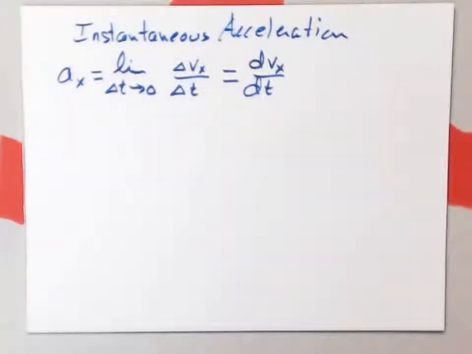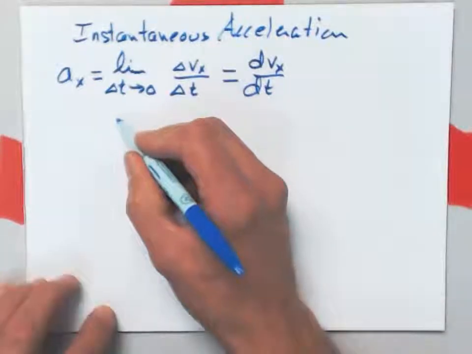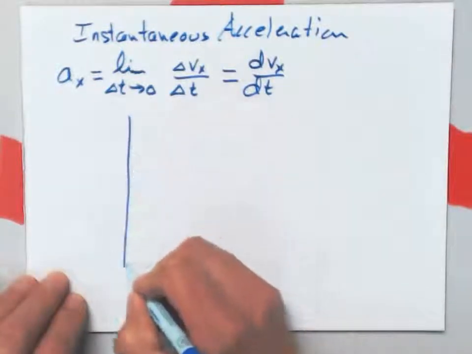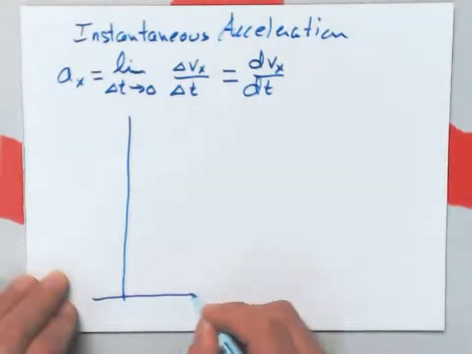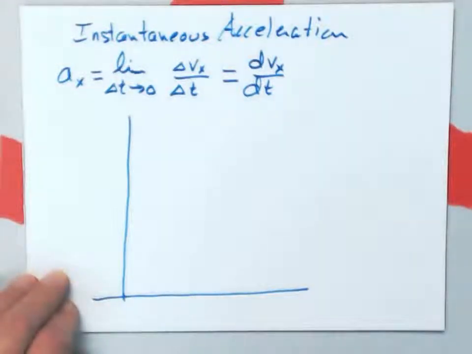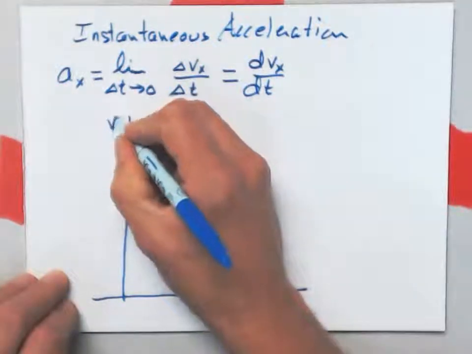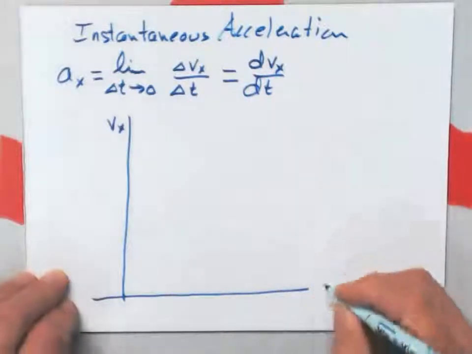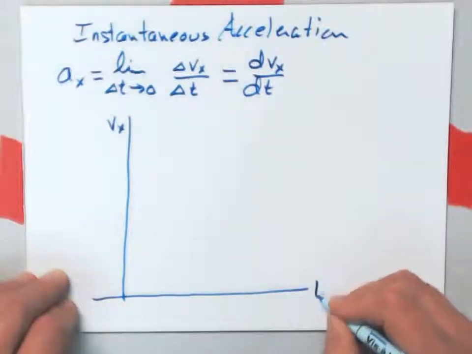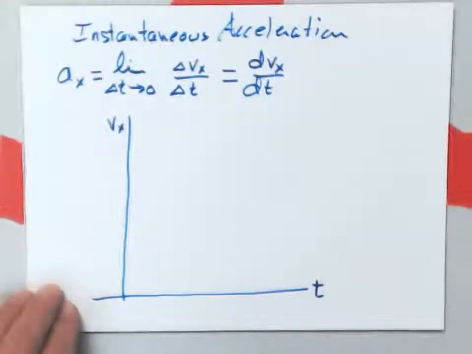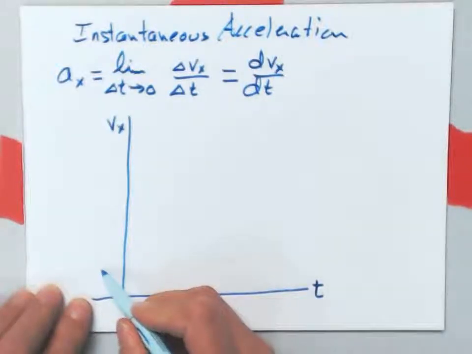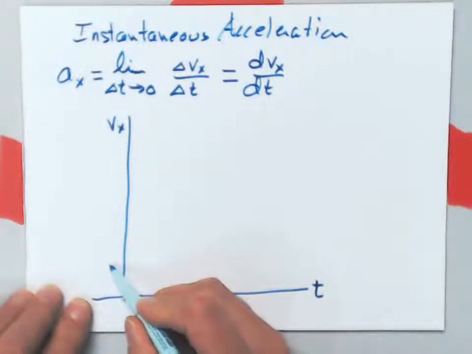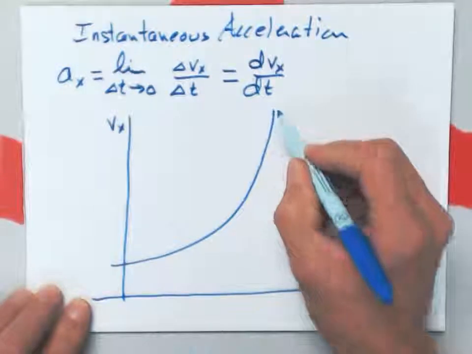I can show you this graphically though, and here's what can be going on. Let's suppose that we have a graph of v sub x versus t, and maybe the graph does something like this.